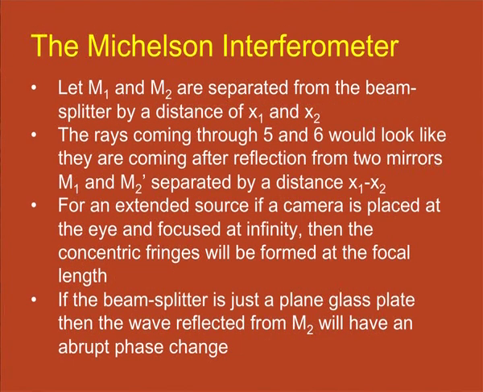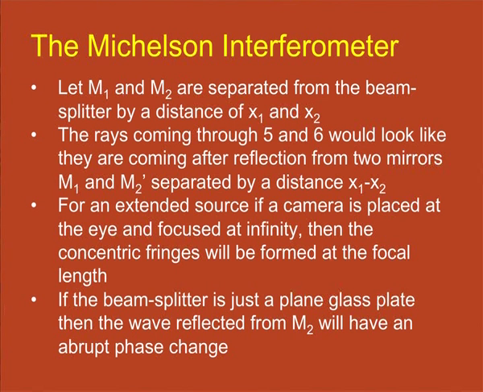Now, let M1 and M2 be separated from the beam splitter by distances x1 and x2. The rays coming through 5 and 6 would look like they are coming after reflection from two mirrors M1 and M2 prime separated by a distance x1 minus x2.